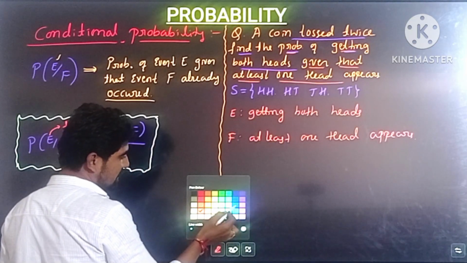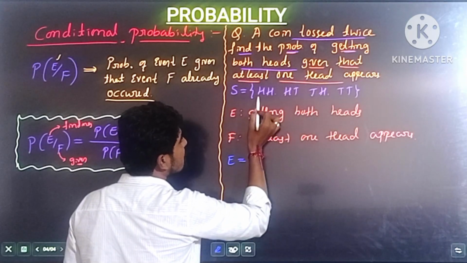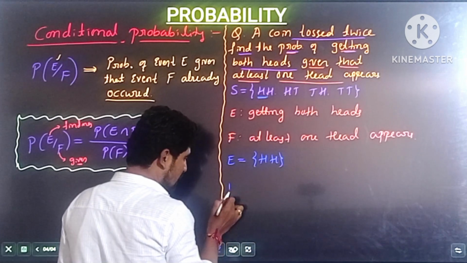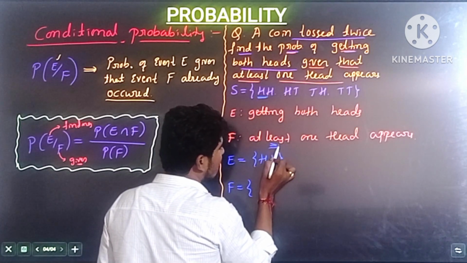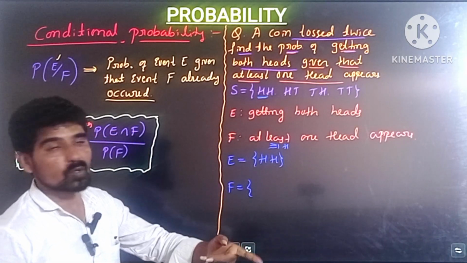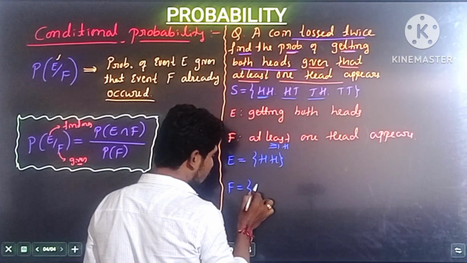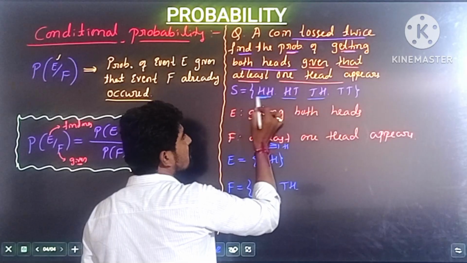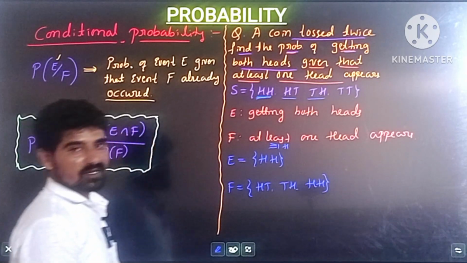The outcomes of the event F, at least one head, mean greater than or equal to one head when a coin is tossed twice. It means either one head or two heads. One head appears in the second and third outcomes, HT and TH, and more than one means a maximum of two heads, HH. So these are the outcomes of the event F.